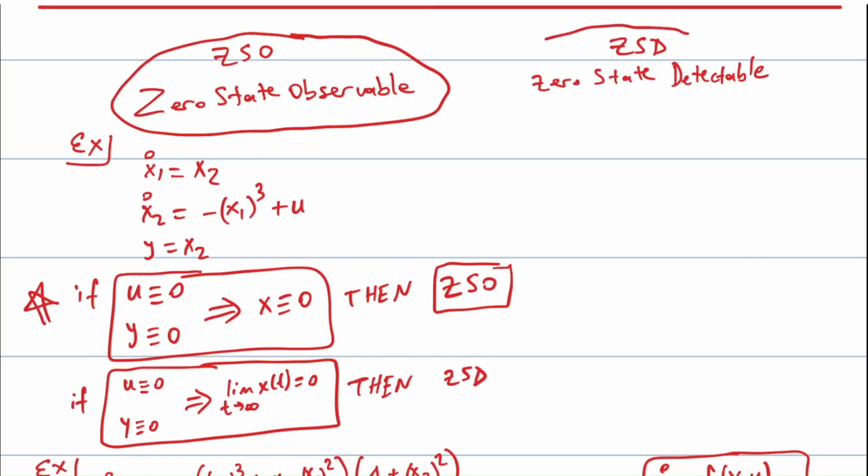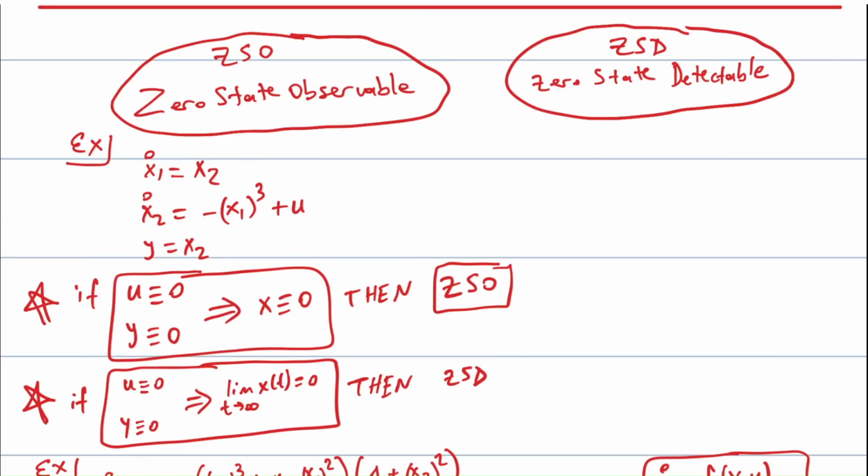The second property we're going to look at is zero state detectable, and this is kind of different. Let's talk about the definition. You have a nonlinear dynamical system. You put 0 for u and then 0 for y, and after some algebraic manipulations, you will have a smaller scale nonlinear dynamical system, an autonomous dynamical system, by the way.